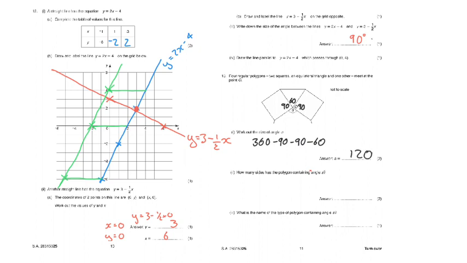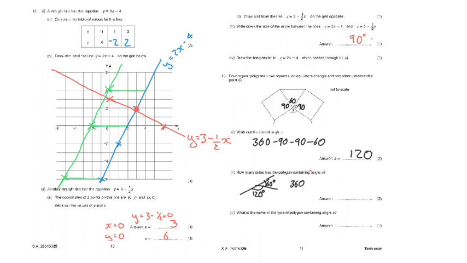How many sides has a polygon containing angle A? Well, the easiest way to think of this is to redraw it and think, okay, I've got an interior angle of 120, that means I've got an exterior angle of 60. And how many exterior angles do I need?